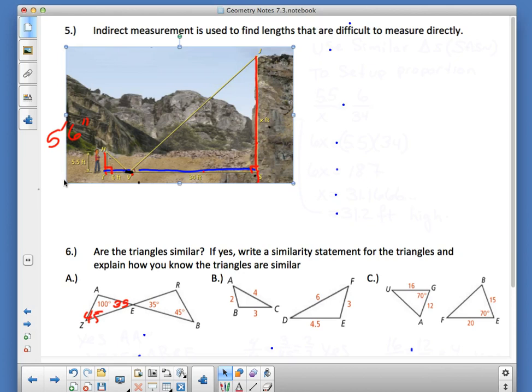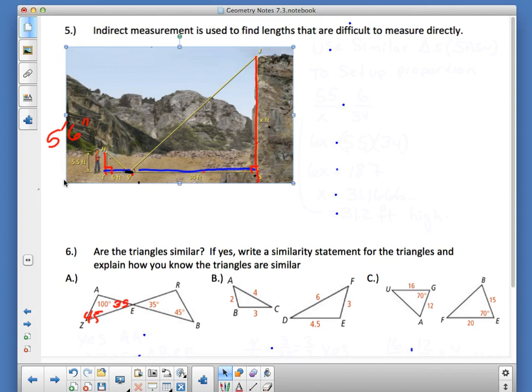I've got a side, the vertical height away from the ground, and I've got the length along the ground to the mirror in the smaller triangle on the left. If I go over on the other side and pace out the distance from the mirror to approximate the distance to the base of the cliff, and maybe there's some rubble in the way and that's another 4 or 5 steps, roughly each step's 3 feet.